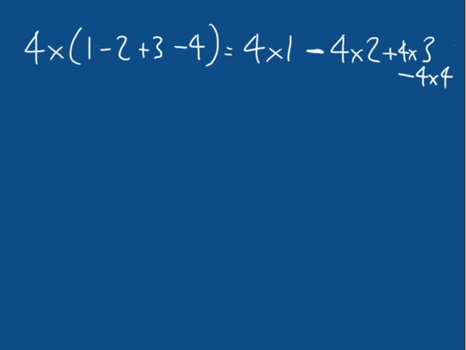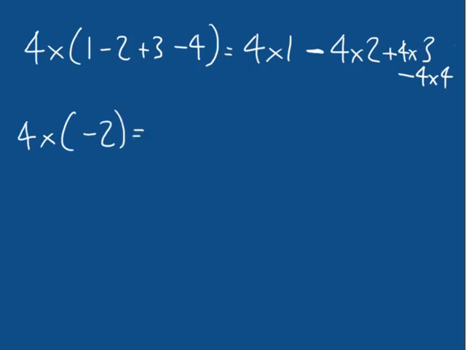So 4 times 1 minus 2 plus 3 minus 4 is the same as 4 times 1 minus 4 times 2 plus 4 times 3 minus 4 times 4. And we can see that really quickly because the left hand side evaluates to 4 times 1 minus 2 is minus 1 plus 3 is 2 minus 4 is minus 2.